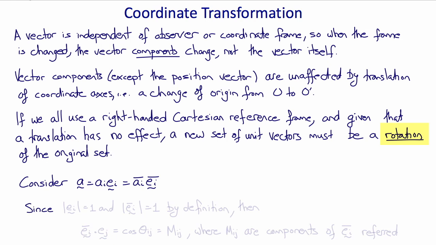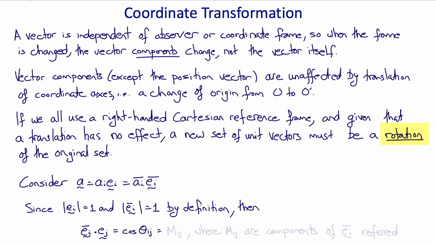Now, since by definition the magnitudes of e_i and e_i bar are 1 because they're unit vectors, then the dot product between them, e_i bar dot e_j, would equal the cosine of the angle between i and j.